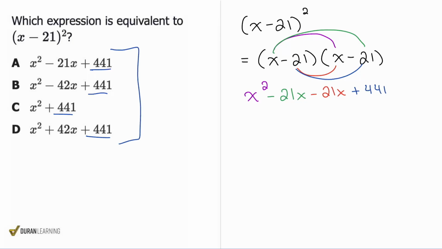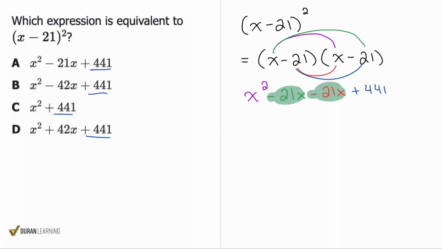So I'm not going to waste my time. I see that the answer choices help me out plenty. The only thing I need to remind myself of is combining like terms. And be careful, this is a negative 21x with a negative 21x. That's like saying 21 plus 21, but in the negative direction.